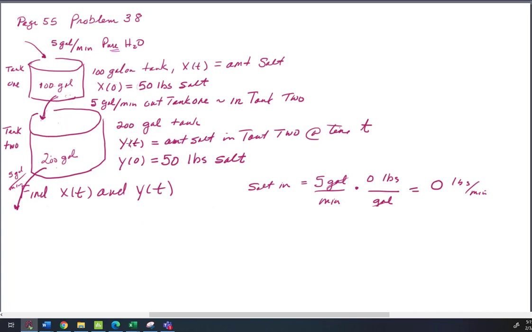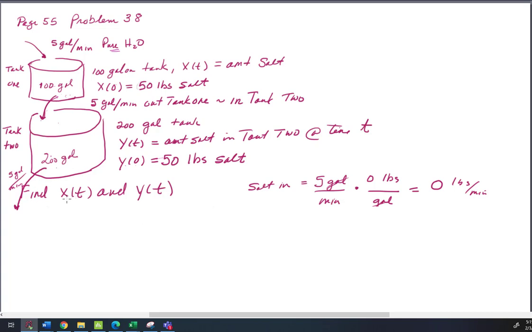And tank 2 initially also had 50 pounds of salt dissolved in it. That's an initial condition. y of 0 is equal to 50 pounds of salt. And it's 5 gallons per minute into tank 2 and 5 gallons per minute out, and so it maintains its 200-gallon content, but the concentration and the amount of salt in the tank changes from time to time.